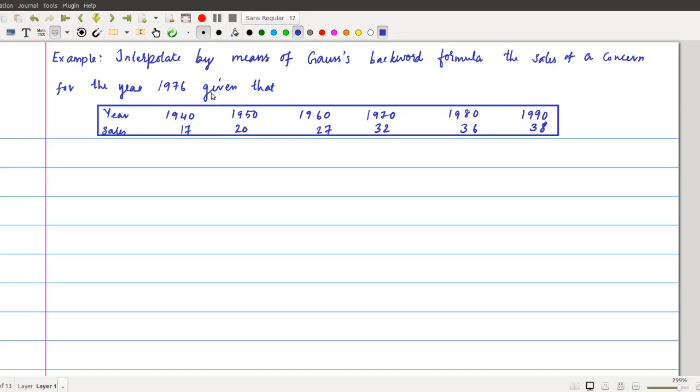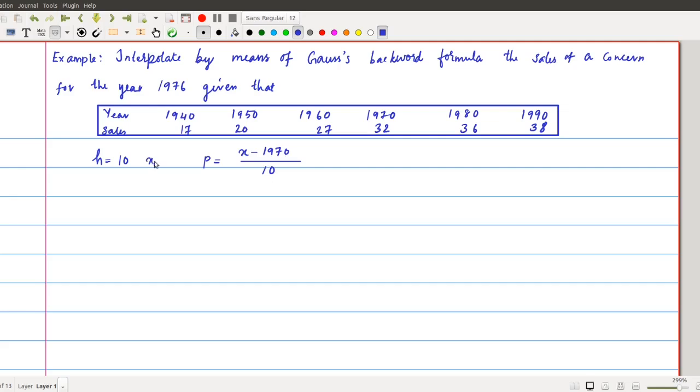First of all, you consider the interval of differencing, that is 10 here: 1940, 50, 60, 70, 80. They are all at equal intervals, that is the length of the interval is 10, and using this fact we define p equal to x minus x naught divided by 10. First we fix x naught.